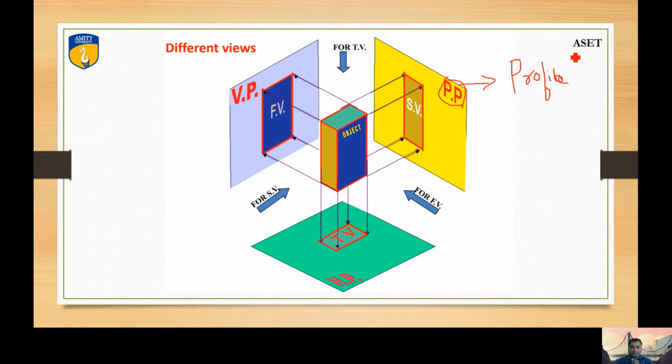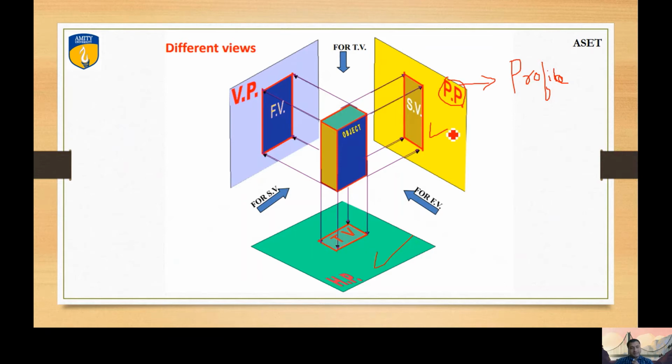So now coming to the planes, there are three planes in orthographic projection. The first is VP, the second is HP, and the third is PP. The vertical plane is where the front view is obtained, the horizontal plane is where the top view is obtained, and the profile plane is where you can plot the side view.